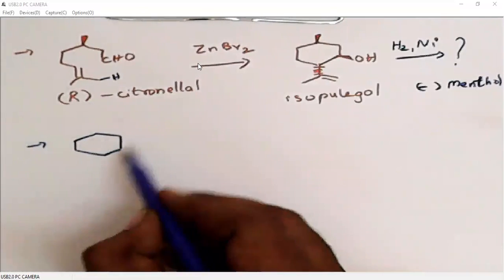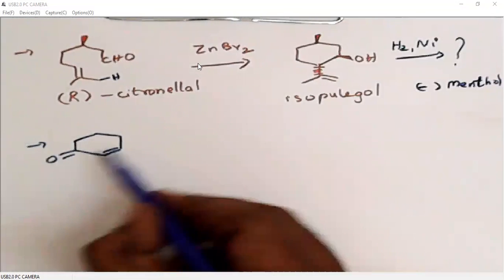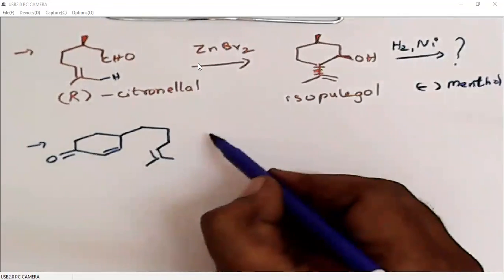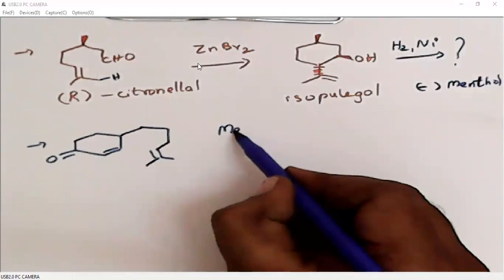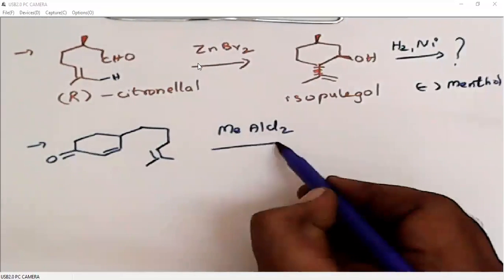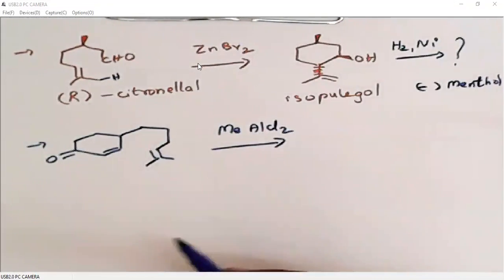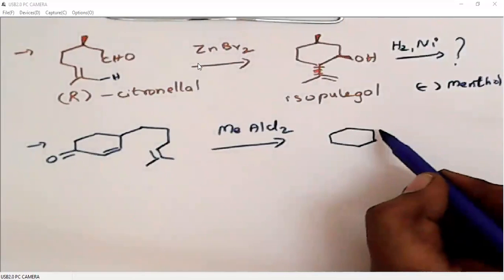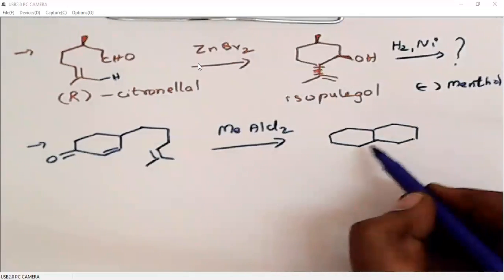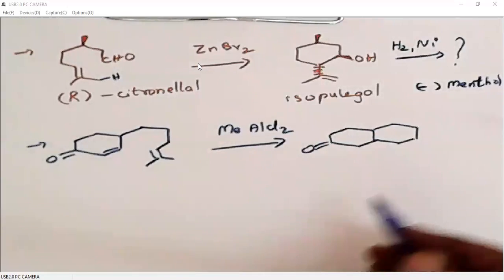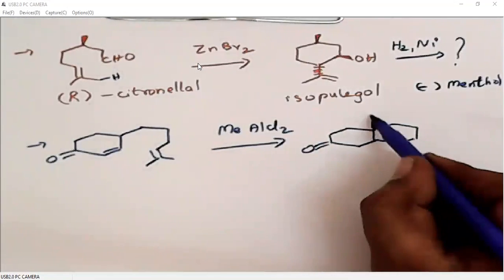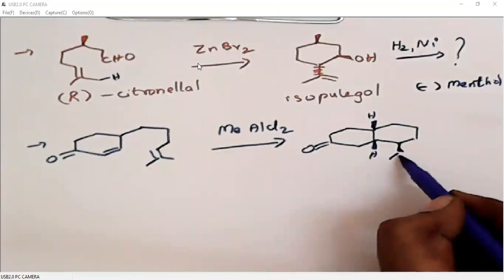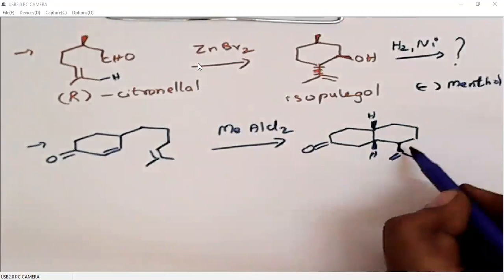Similarly, when this compound is treated with methyl aluminum chloride, again it undergoes cyclization. Again, I am saying the stereochemical outcomes are just copied from the book.